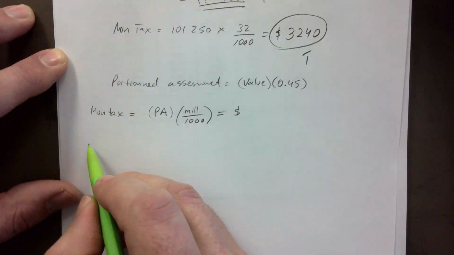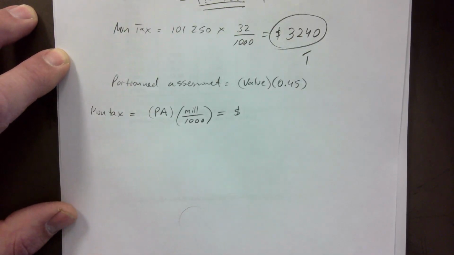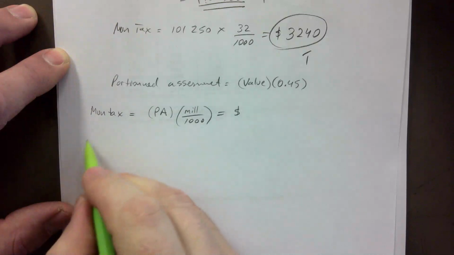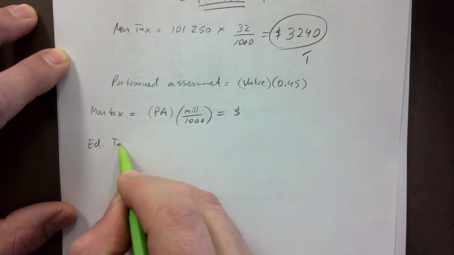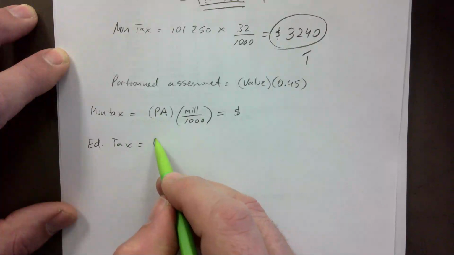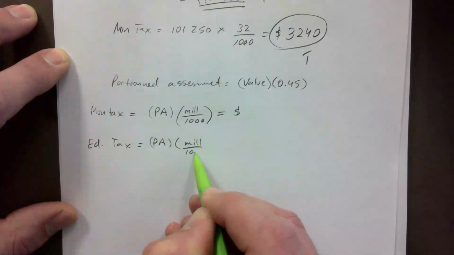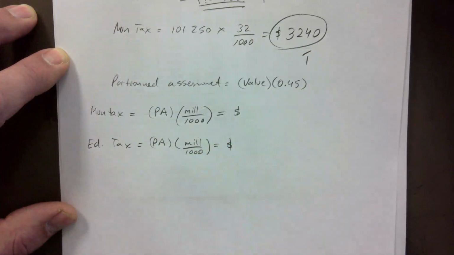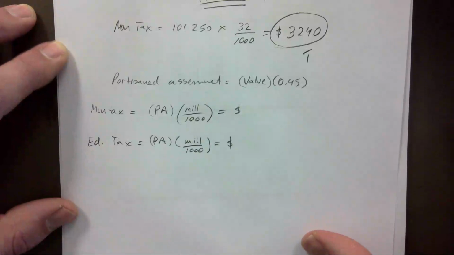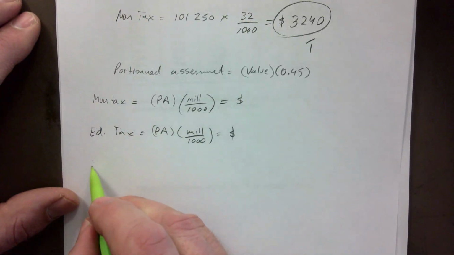What's the other tax? There's municipal, then there is education. You remember that? Education tax, you would still go portioned assessment times whatever mill rate they give you, divided by 1,000, and you get that. And then there were improvements.